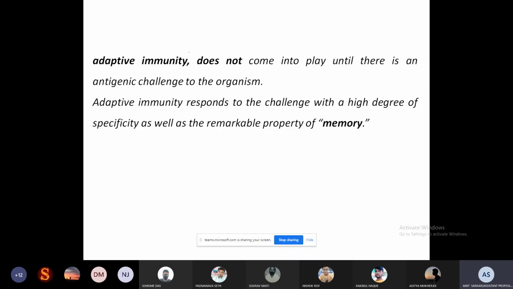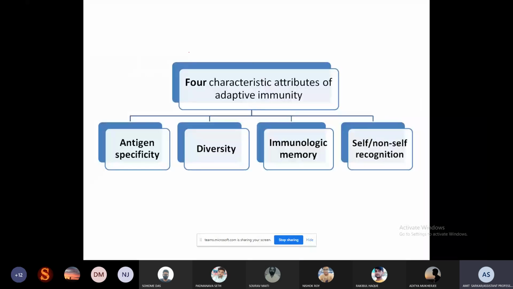Adaptive immunity responds to the challenge with a high degree of specificity as well as the remarkable property of memory. That memory is actually used for vaccine production, the vaccine rationale. We'll see how this is used when we get to vaccines. For adaptive immunity, we have 4 characteristics: antigenic specificity, diversity, immunologic memory and non-self recognition.